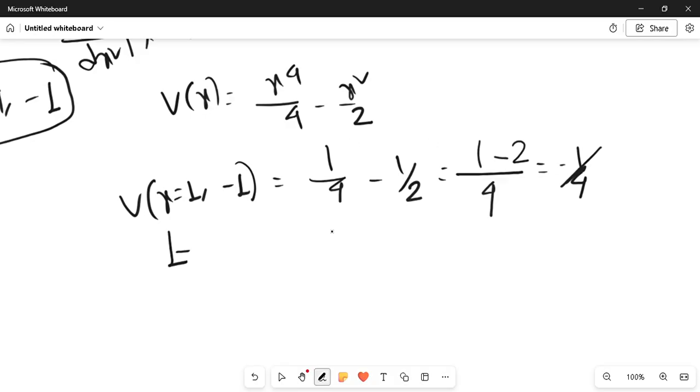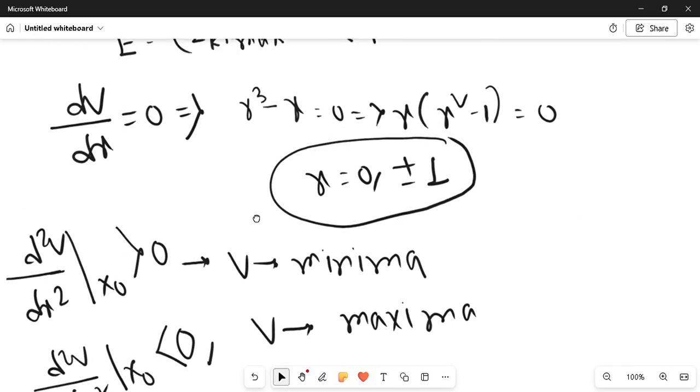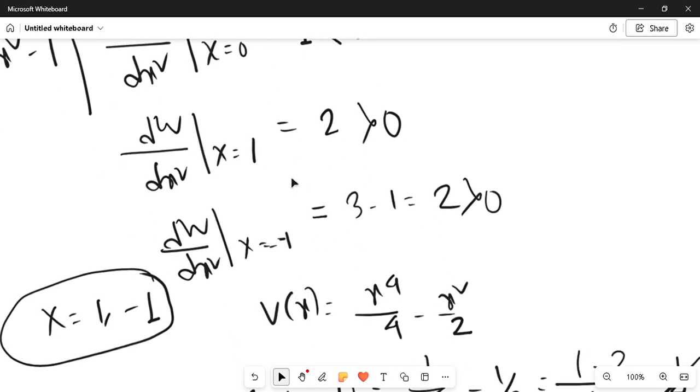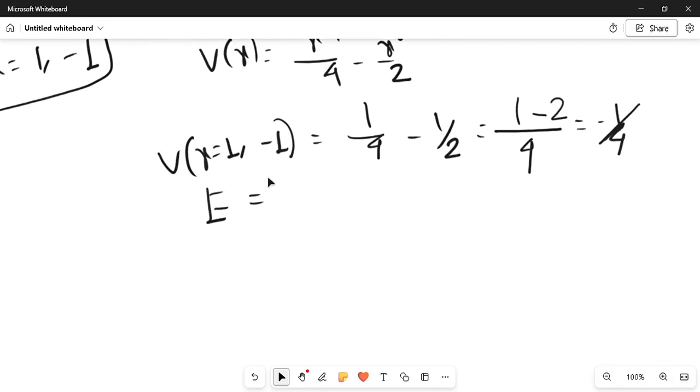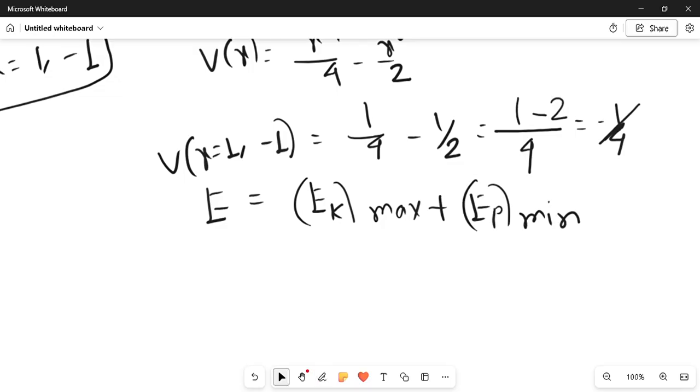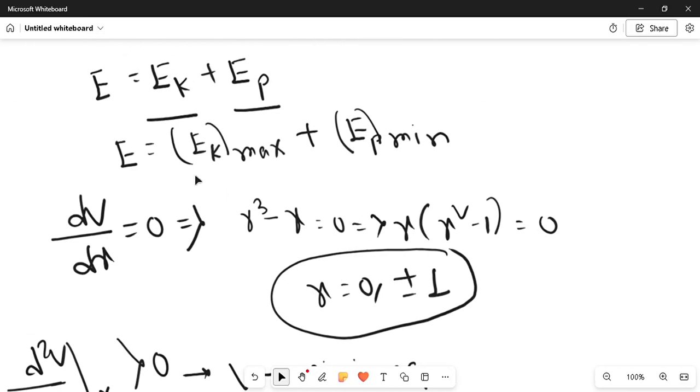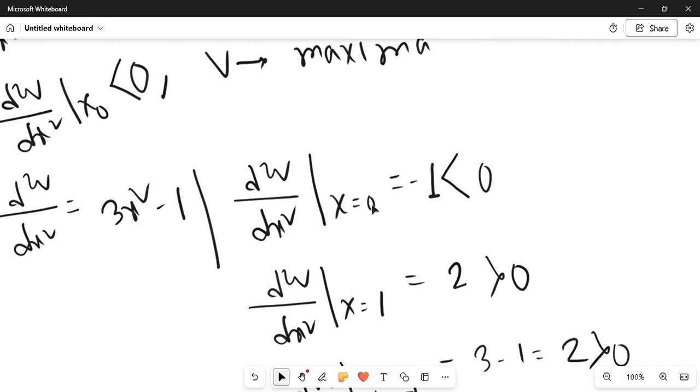Now the total energy equation is E equal to Ek maximum plus Ep minimum. When potential energy is maximum, kinetic energy is minimum, and when kinetic energy is maximum, potential energy is minimum. We have found Ep minimum, this is the energy conservation rule.